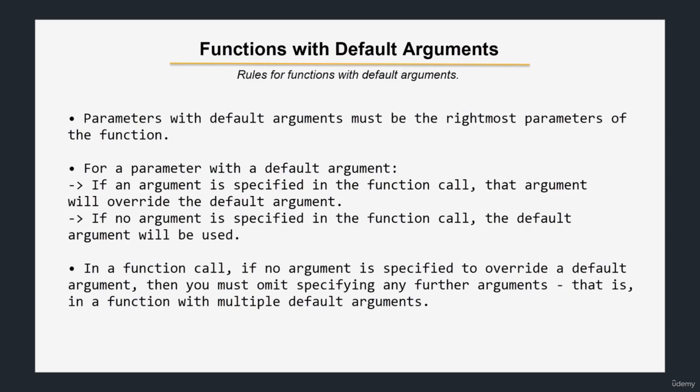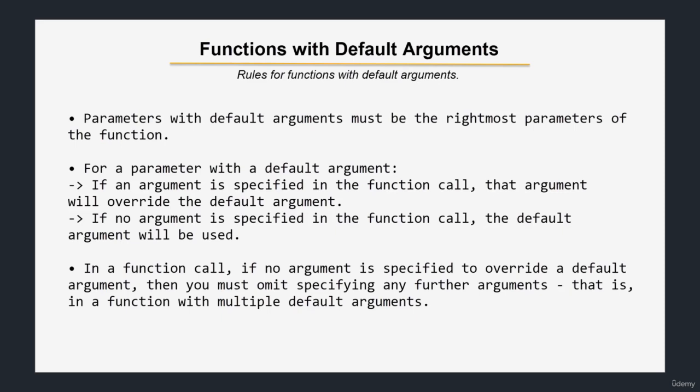Then in a function call, if no argument is specified to override a default argument, then you must omit specifying any further arguments. That is in a function with multiple default arguments. So let's say your first parameter does not have a default argument specified in your function declaration, but your second and third parameters do have default arguments specified.